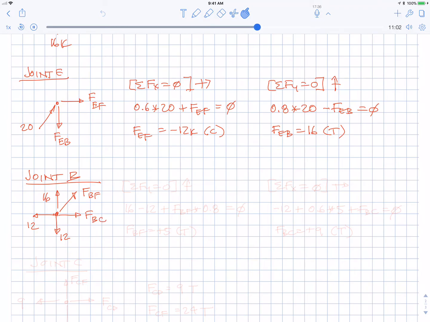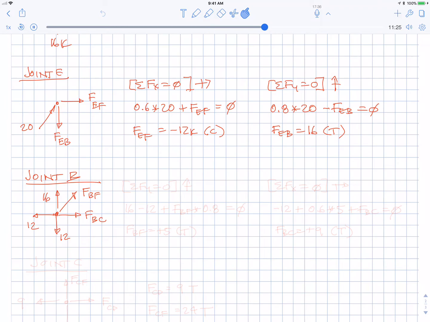Okay, so let me try to explain this again. About which equation to do first. FBF has an x component and FBC obviously has an x component. So if I did the x equation first, I would have 2 unknowns. However, when I look in the y direction, FBF has a y component but FBC doesn't.